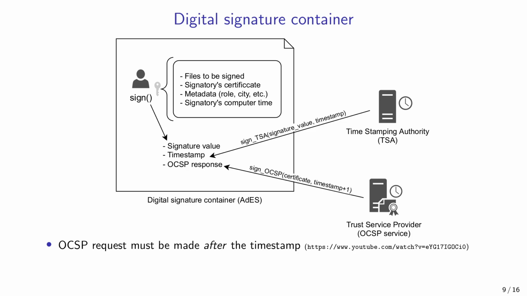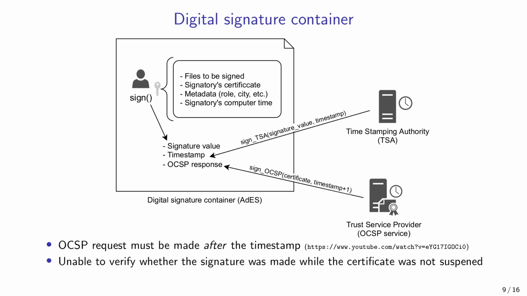But okay, let's assume that the signature container is constructed in the correct order. So these two statements will provide proof that the signature was given before the certificate expired or got revoked. But there is still one case that this scheme cannot handle. Namely, this scheme is unable to verify whether the signature was made while the certificate was not suspended.